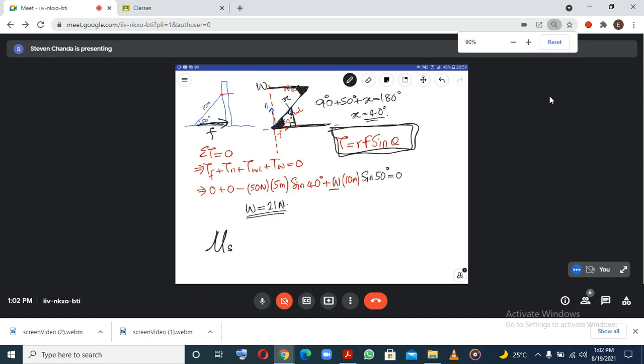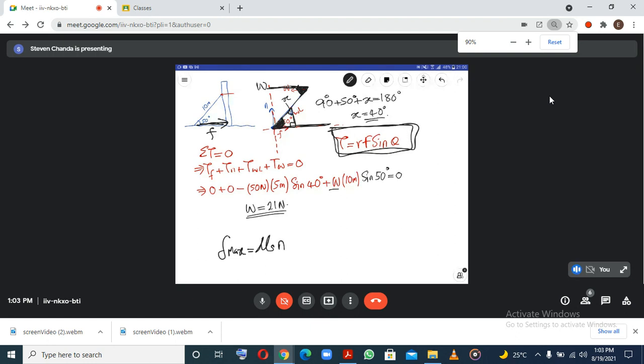Okay, so just to wrap up before time runs out. We've been asked to find the coefficient of static friction. So we know that friction force, we say max there, is going to be the coefficient of static friction times the normal.